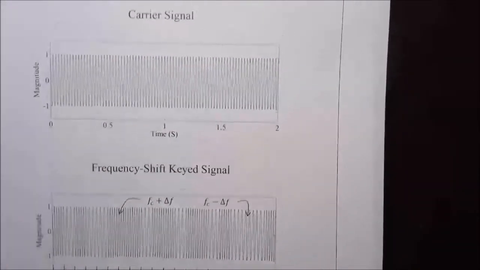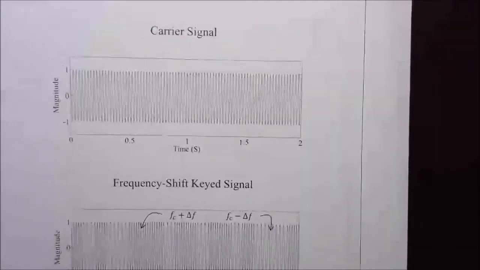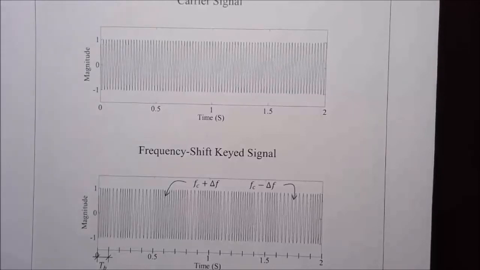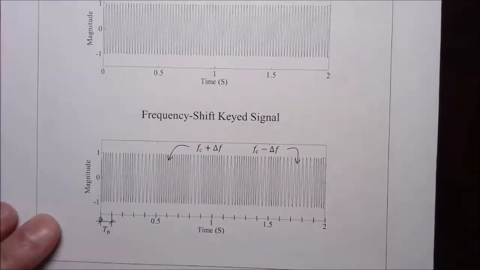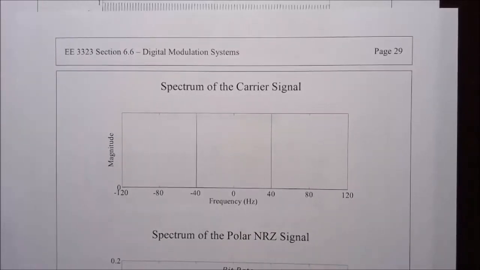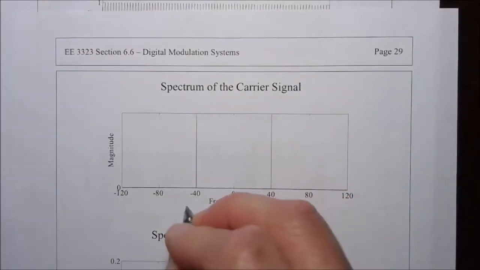Now if we look at the spectrum, I had MATLAB take the Fourier transform of these signals to estimate the spectrum. And for the carrier signal, we get a pair of delta functions at plus and minus FC.